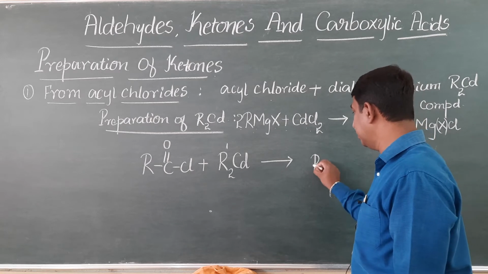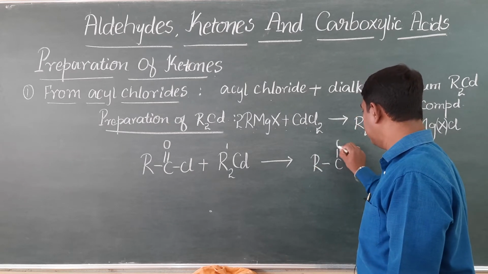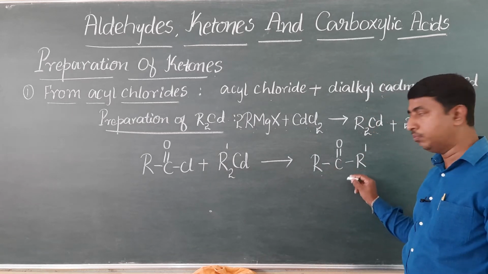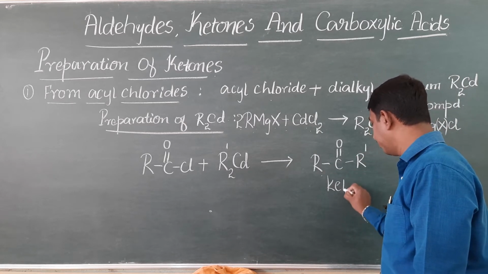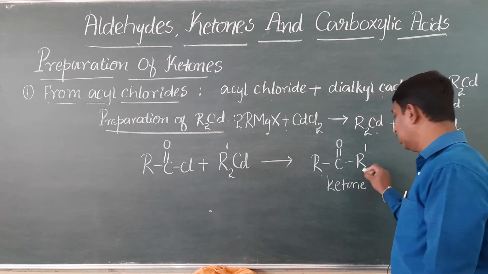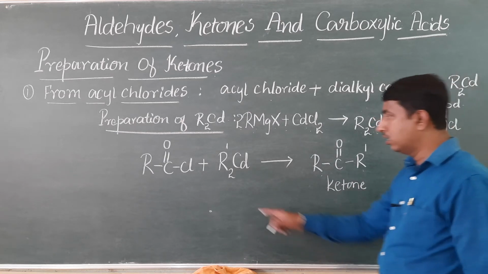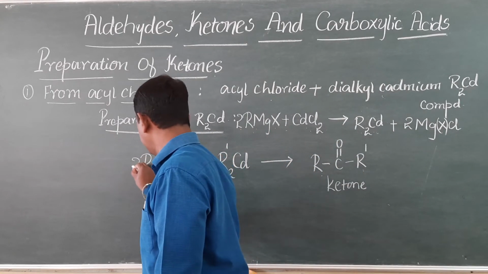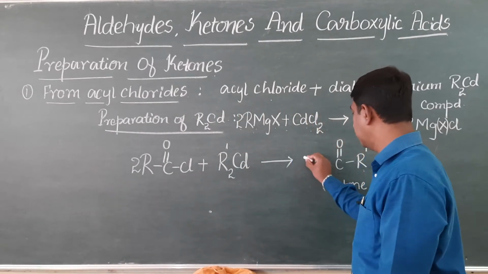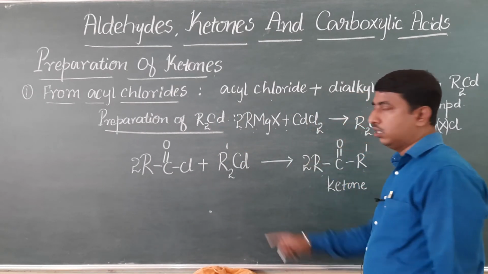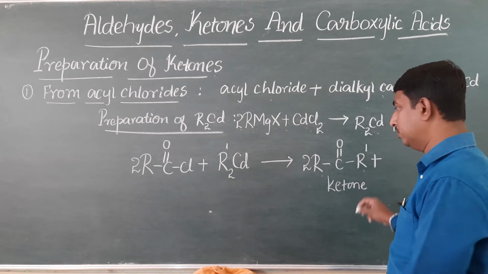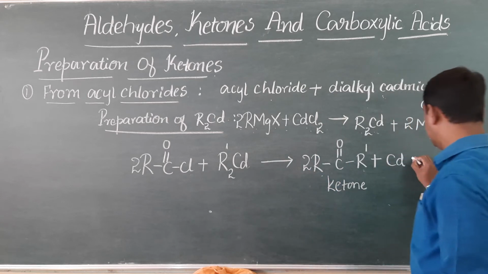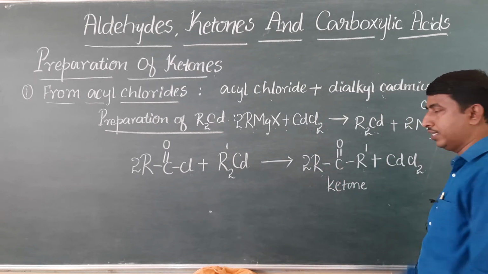So, product obtained is RCOR dash. This is a ketone, not a symmetrical ketone, this is an unsymmetrical ketone. Two alkyl groups are present, so here we have to take 2, here also 2. The byproduct is cadmium with 2 atoms of chlorine, that is CdCl2.